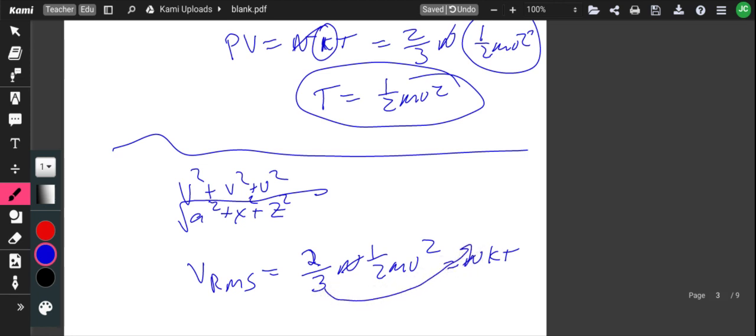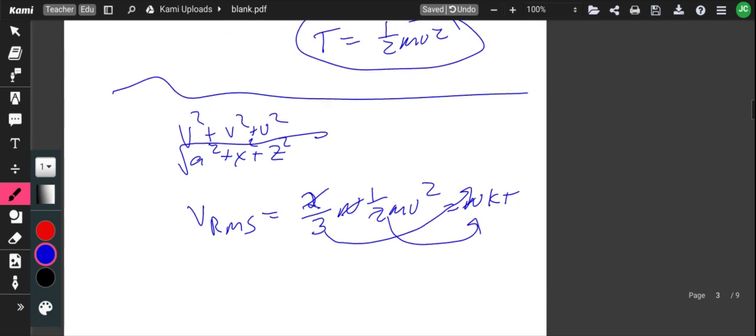We bring a 3 over here. The halves cancel out. We divide the m over. So we get the V RMS is equal to the square root of 3KT divided by m, and we do need to take the square root because we're taking the root mean square. And this is called the root mean square velocity, the square root of 3KT over m.